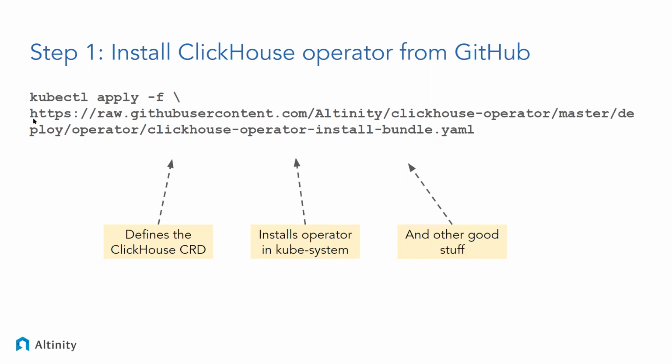What it's doing is it's pulling a YAML file which has a number of things in it. It has a description of the custom resource definition for ClickHouse clusters. It also will pull the image for the operator and install it in the kube-system namespace. Namespaces are just divisions. You can think of it as being like folders within the Kubernetes cluster.